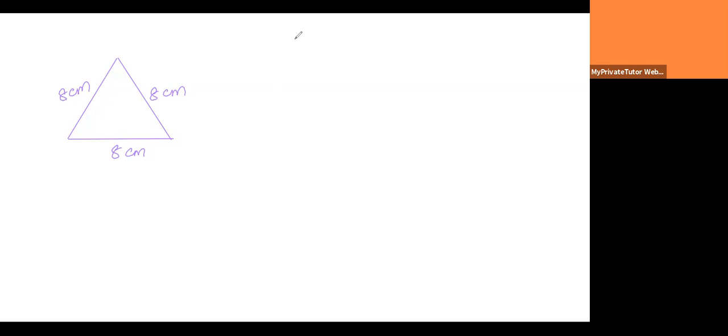I will conclude this as an equilateral triangle, and I will give the height as well. Let's take 6 centimeters, guys. But we have two triangles here, right? So can anyone tell me what is the area?